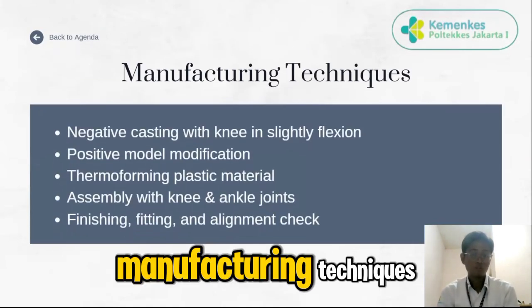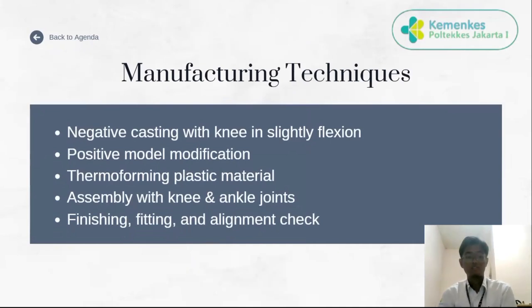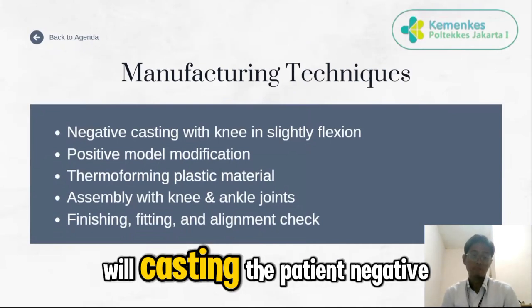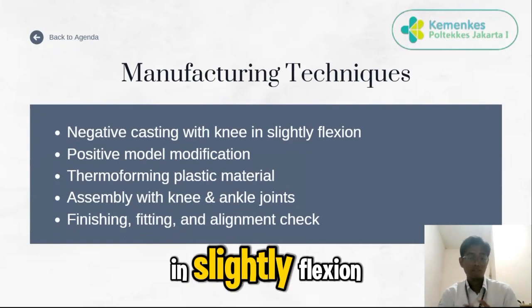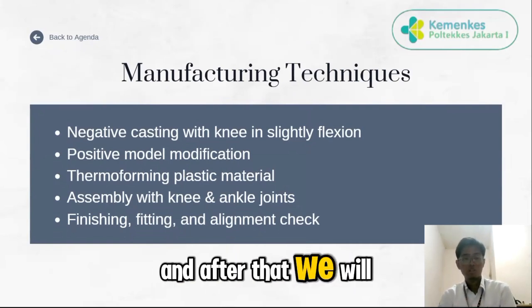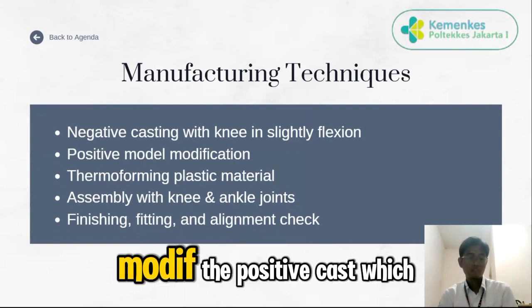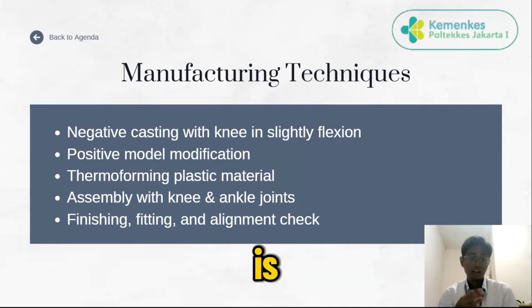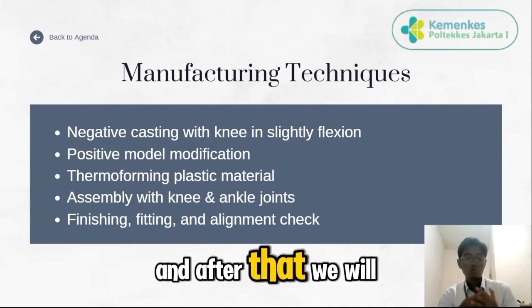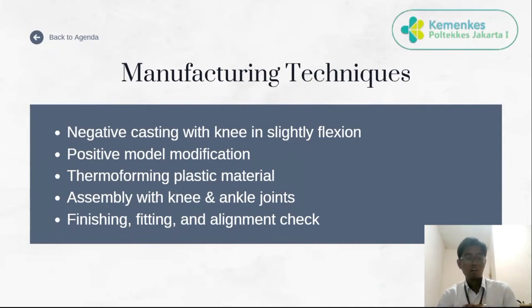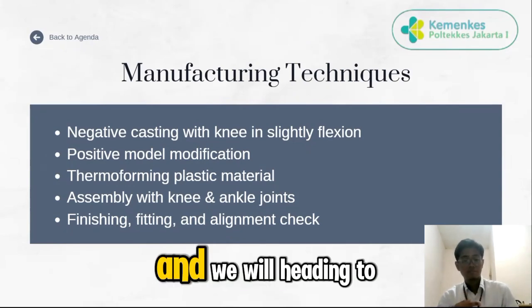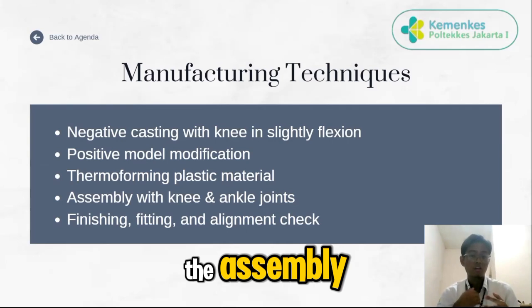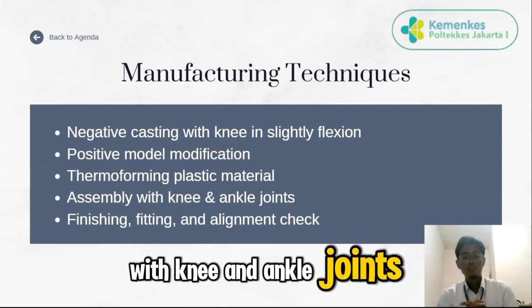And the next one is manufacturing techniques. So the first one, we will cast the patient, negative casting with the knee in slight flexion, and after that we will modify the positive cast, which is rectification, and after that we will go to draping or thermoforming the plastic material, and then assemble with the knee and ankle joints.